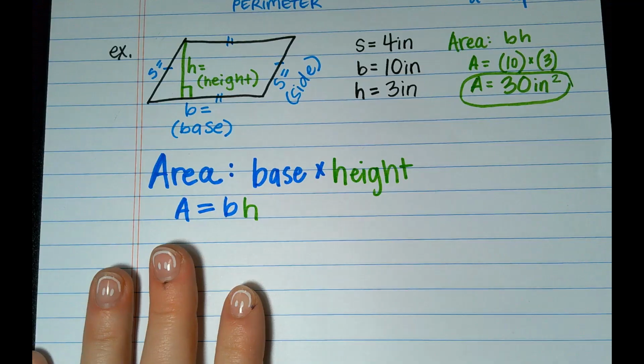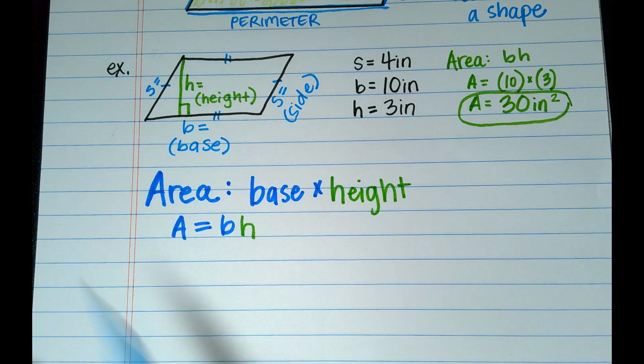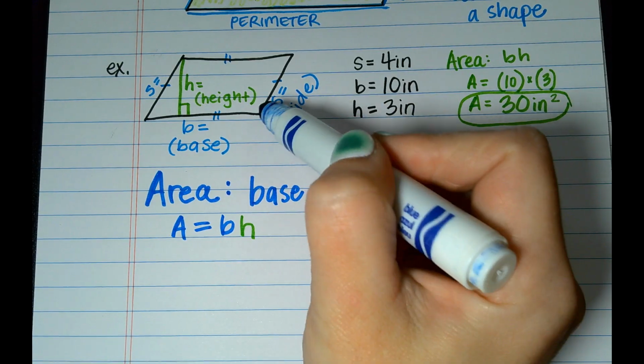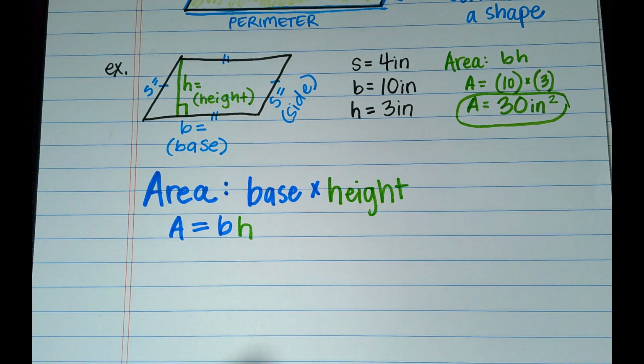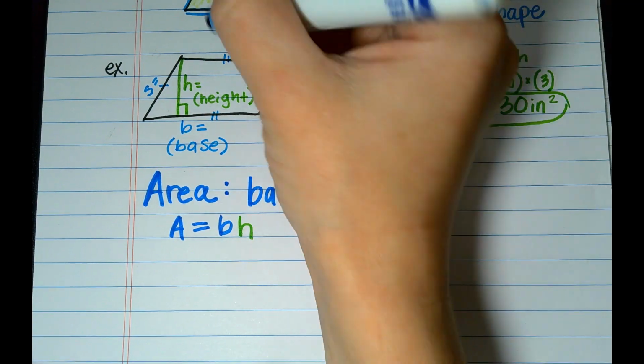Okay, so we've done area. Now, if perimeter is the length around the entire shape, there's also a formula for that. You could just do side plus base plus base. This is also the same length as the base, so if you want, you could write a B there.